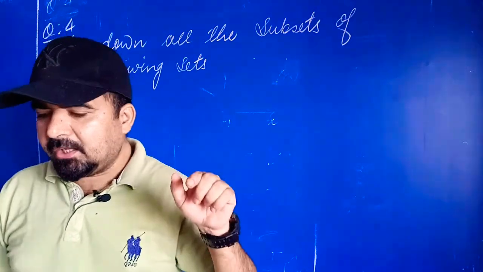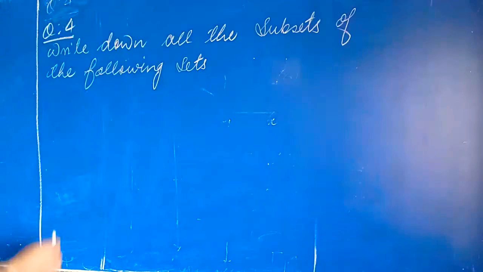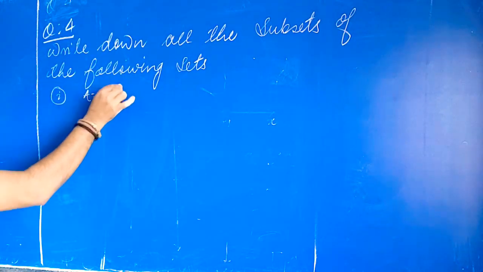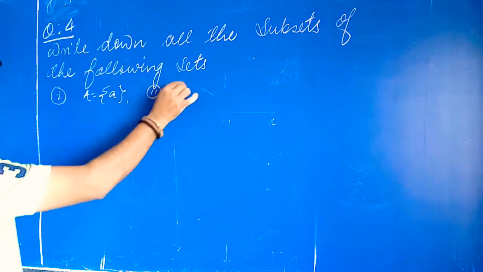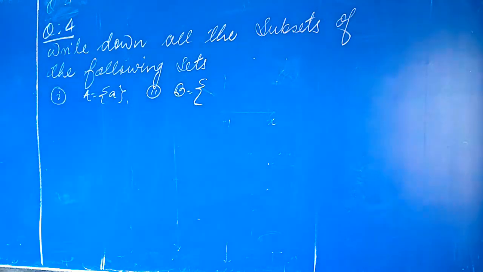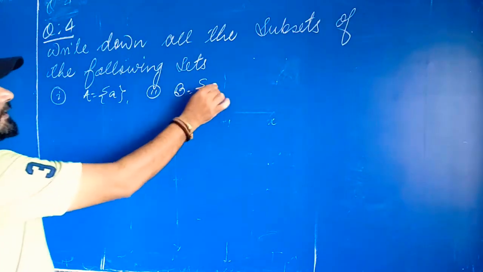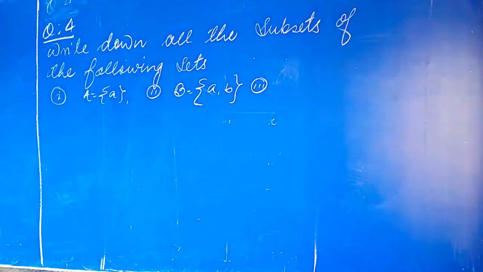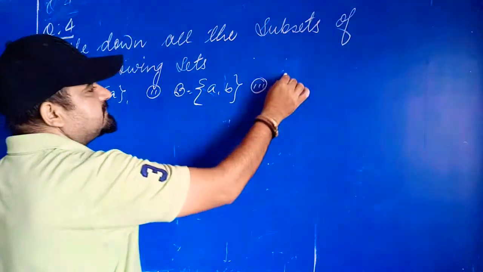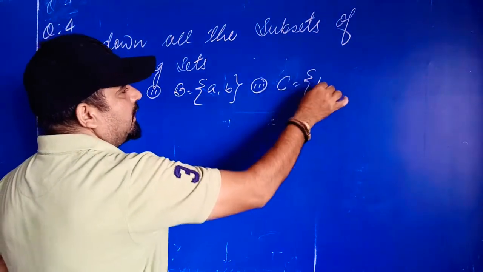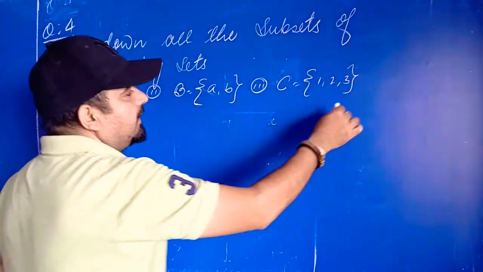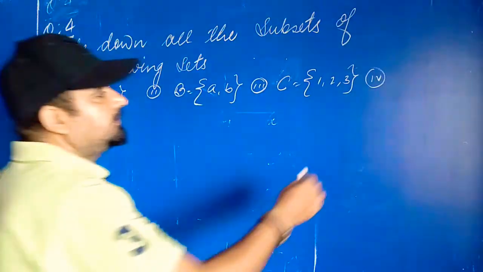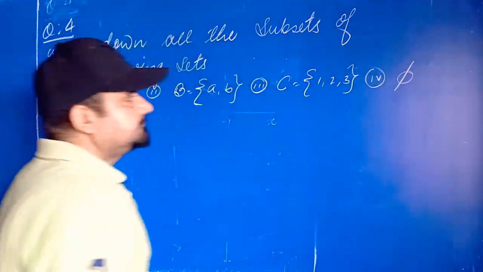Alright? And the given sets are: the first one, say this is set A, is this one. Roman number 2, suppose this is set B, and it is given as A comma B. Roman number 3, suppose set C, is 1, 2 and 3, and Roman number 4 is 5.